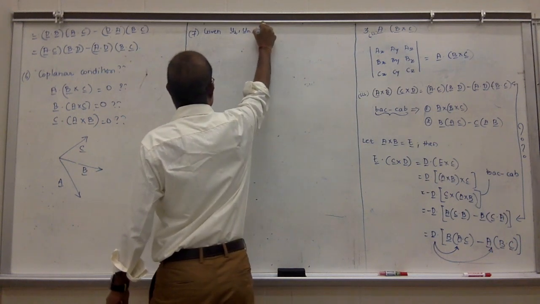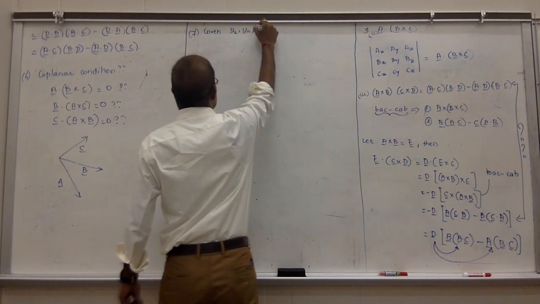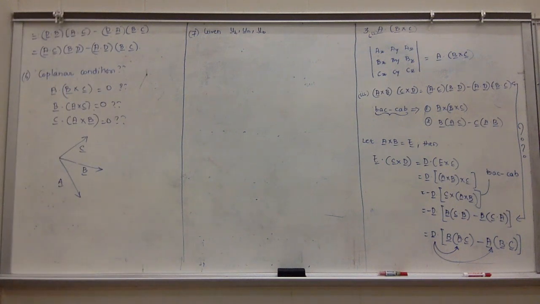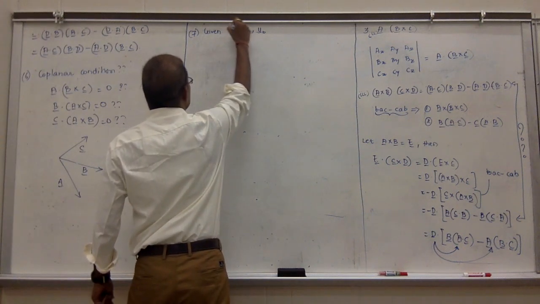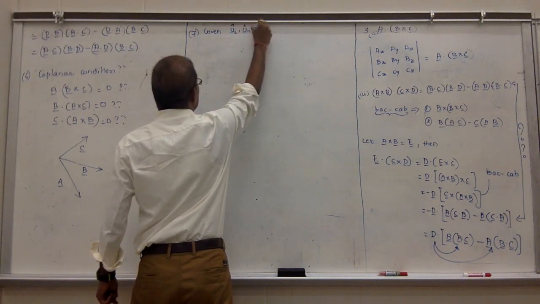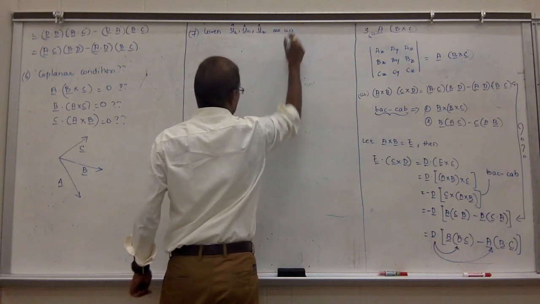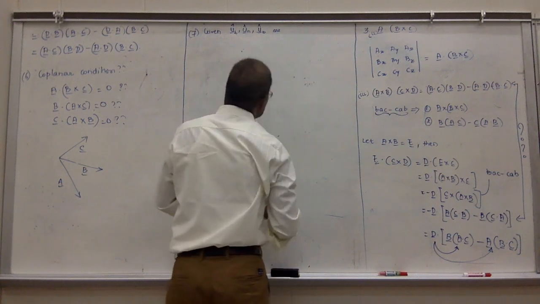Are these unit vectors? UT and UN are perpendicular, so these are orthogonal vectors, and these are also unit vectors. So this is the orthonormal basis.